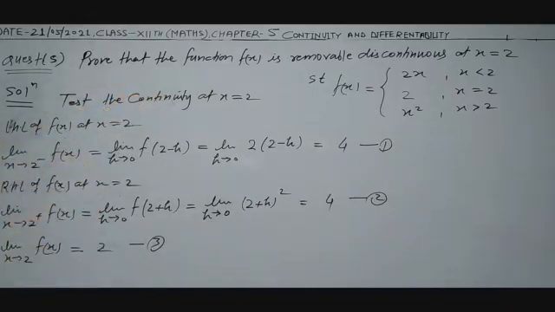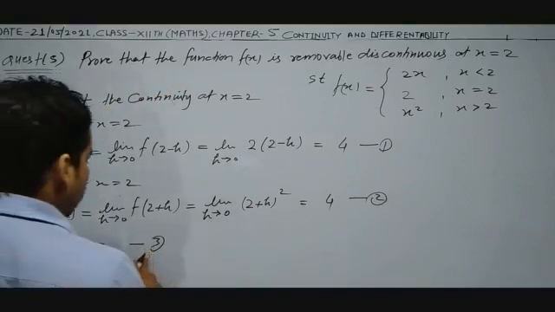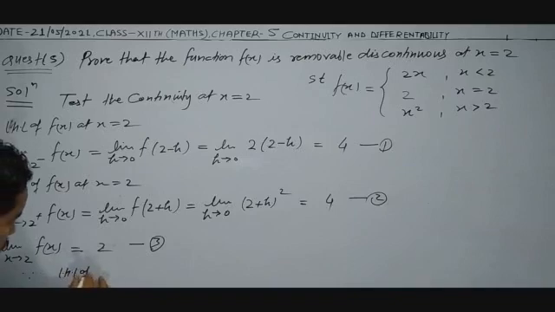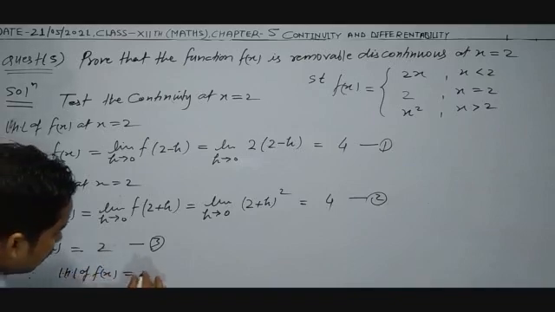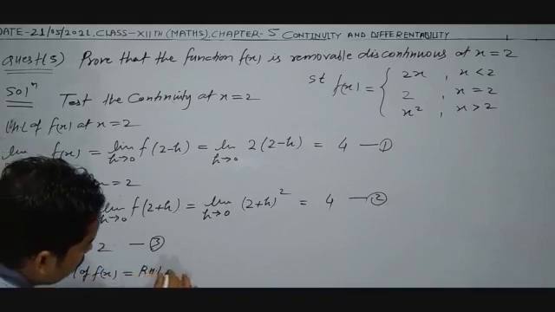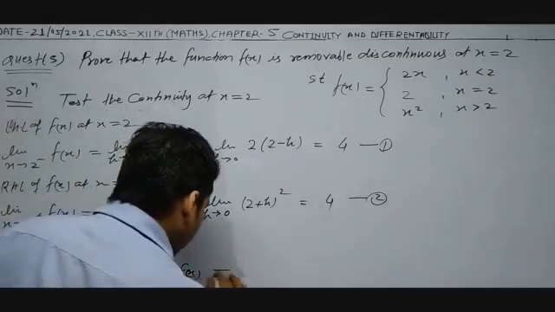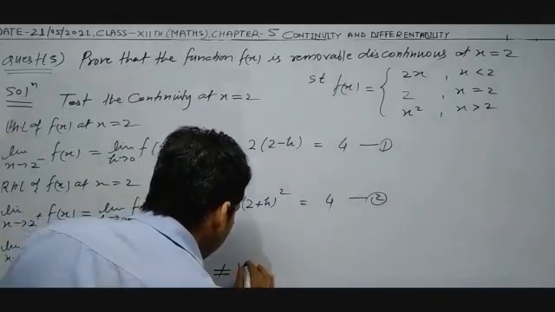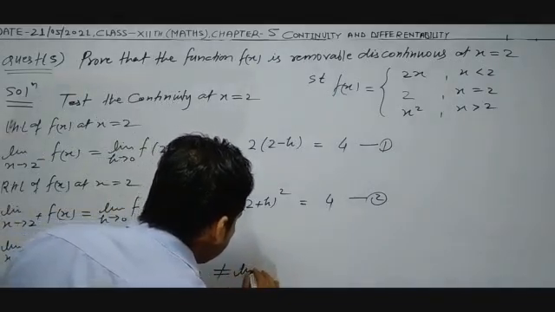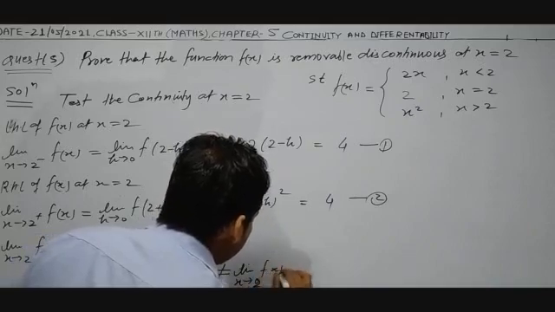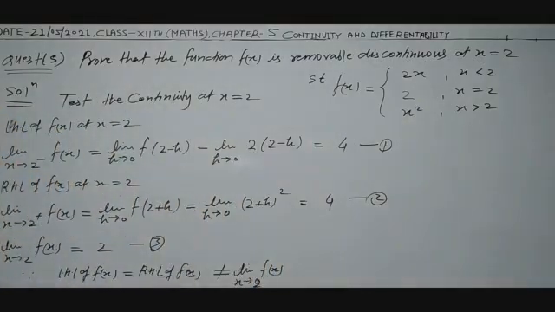Removable discontinuous. The condition for a removable discontinuous function is that the left hand limit of the function, LHL of f(x), is equal to RHL of f(x) and is not equal to the value. Value means limit x tends to 2 of f(x).